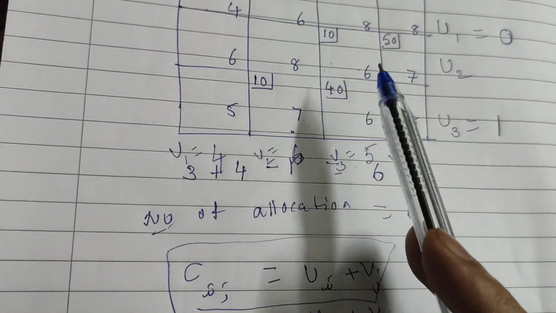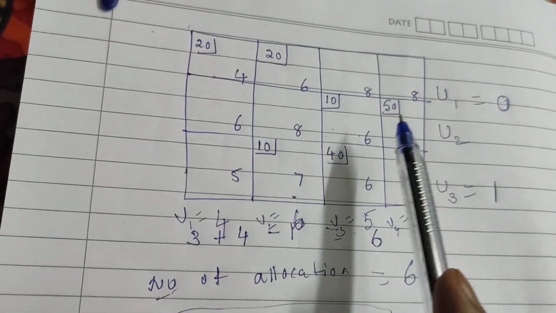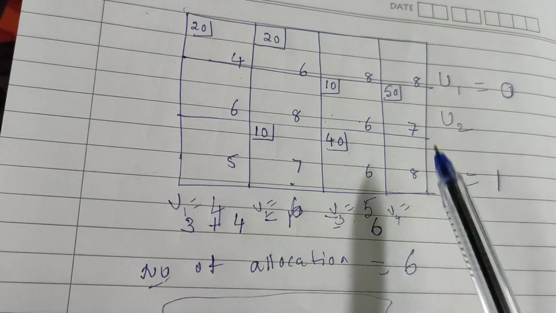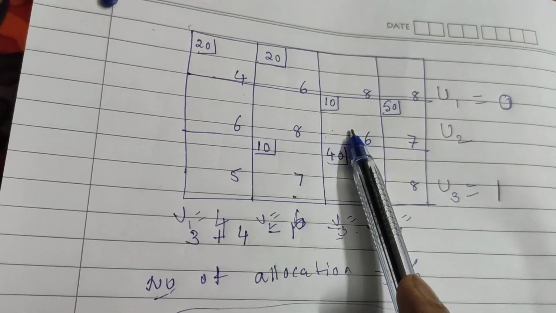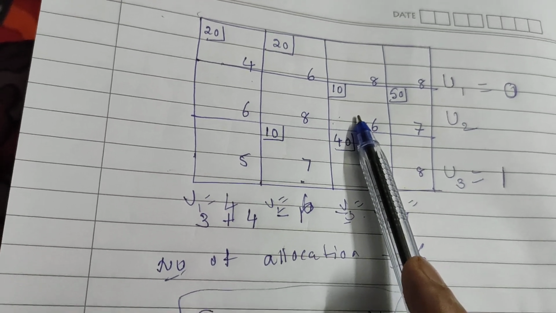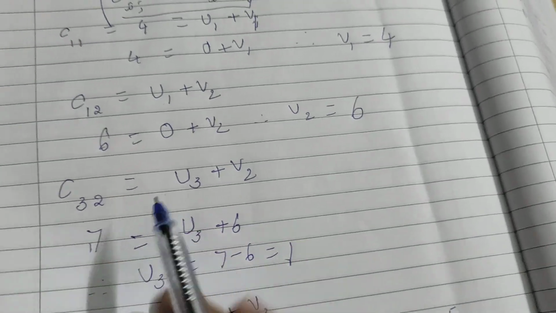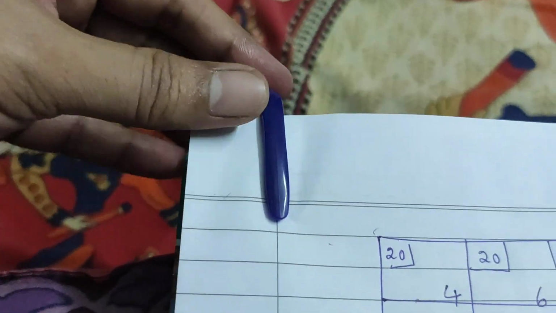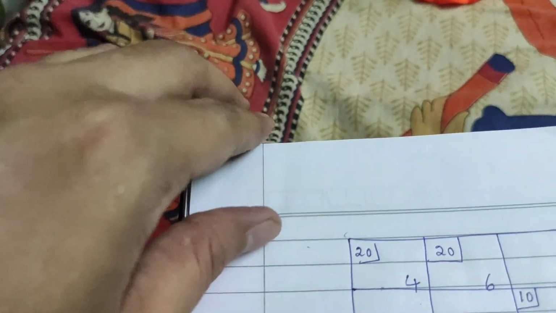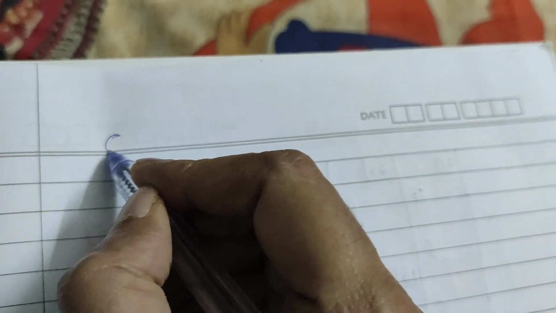Next I will go for this one because I have the V3 value. This cost is there, but we don't know the V3 and V1 values, so I will take this one: the cost of second row, third column, C23.